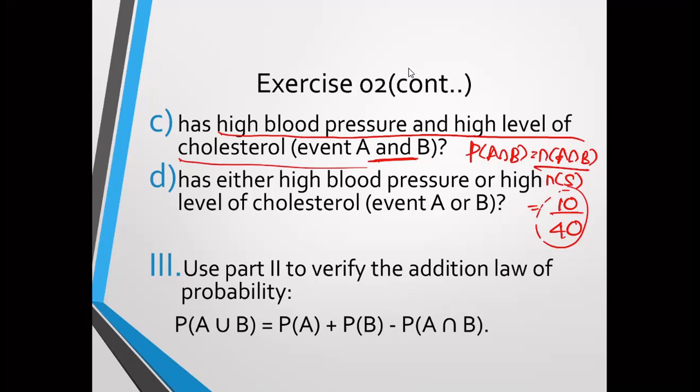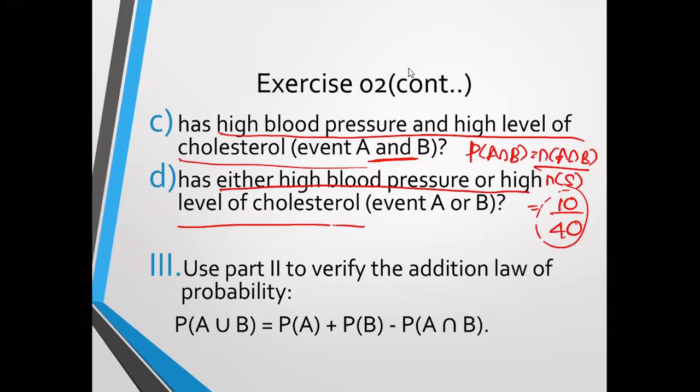Probability that he or she has either high blood pressure or a high level of cholesterol. That means if we select one person from that group, that person needs to have either high blood pressure or a high level of cholesterol or both.